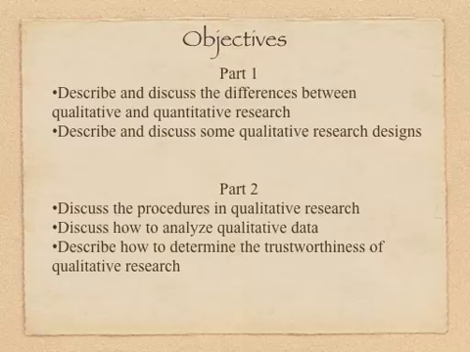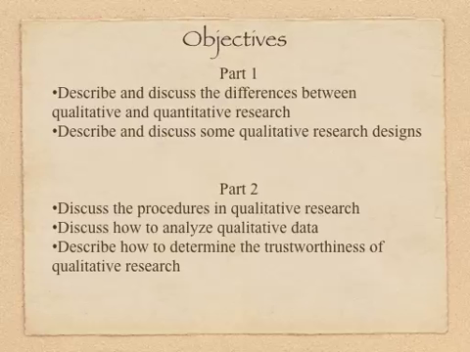The objectives for this presentation are broken up into two parts, basically for downloading purposes. In part one, we're going to describe and discuss the differences between qualitative and quantitative research. And we're also going to describe and discuss some qualitative research designs.